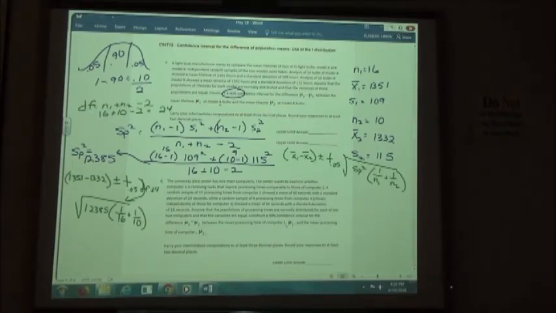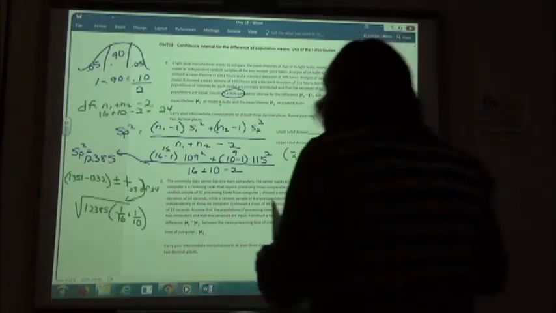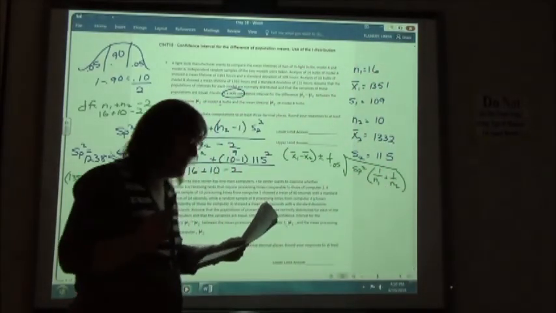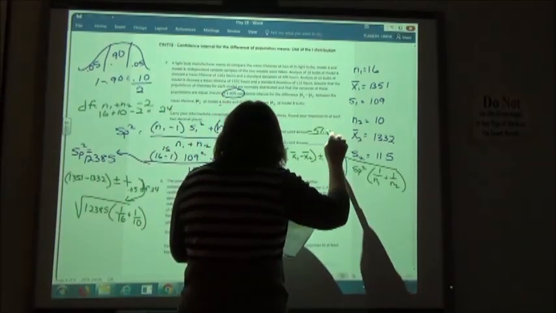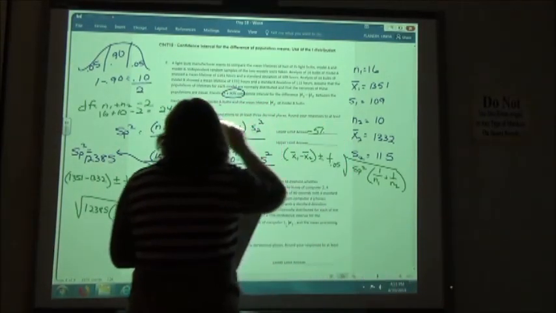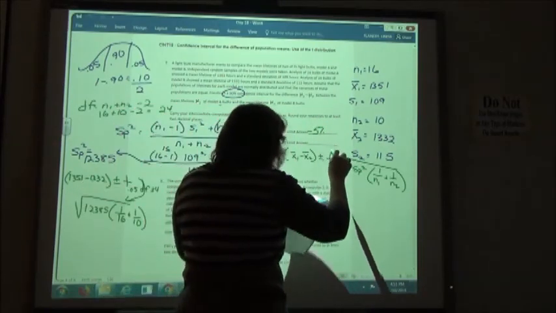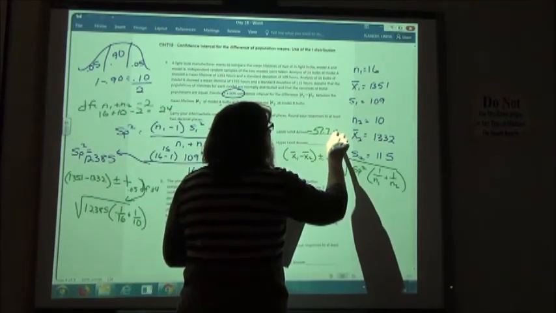All right. So, my lower limit to 2 decimal places, after all that work, was negative 57.75.